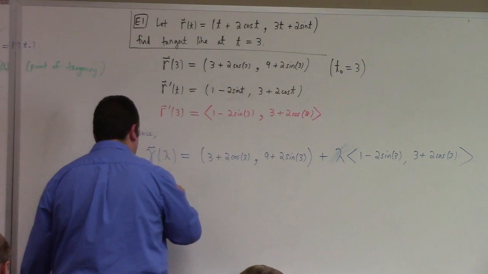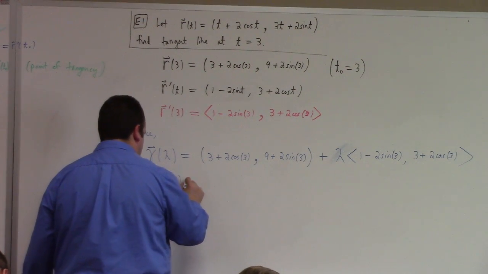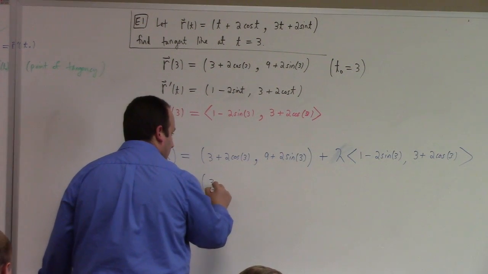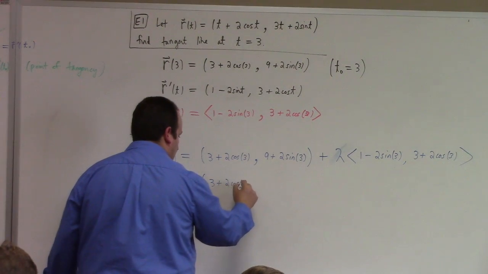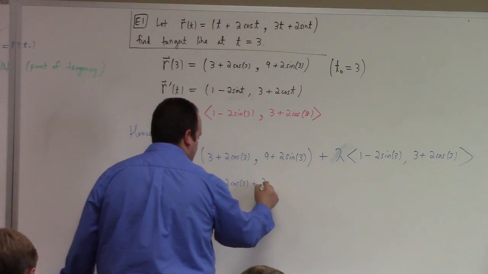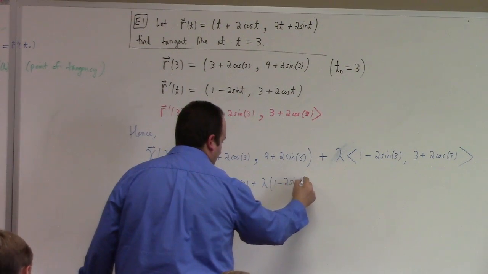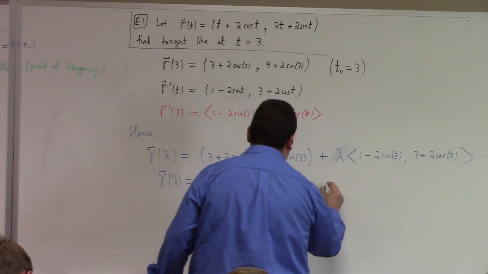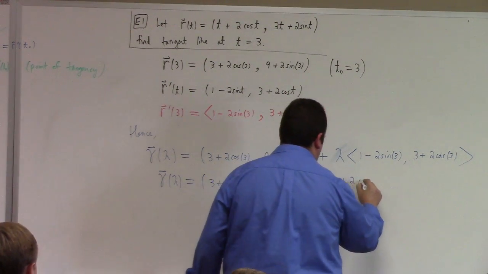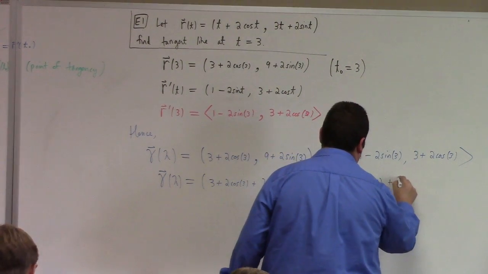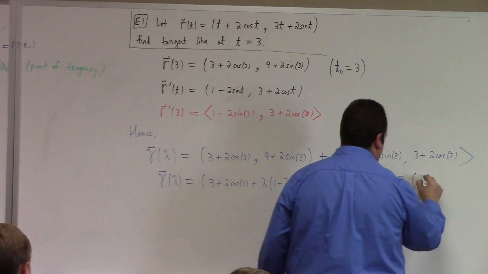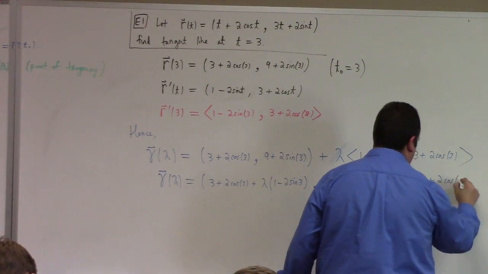Cleaning it up a little bit, gamma of lambda is equal to 3 plus 2 cosine of 3 plus lambda times 1 minus 2 sine 3, comma, 9 plus 2 sine 3 plus lambda times 3 plus 2 cosine of 3.